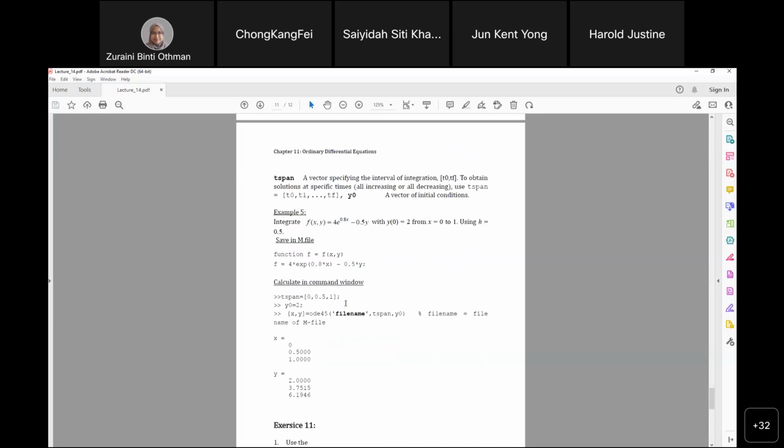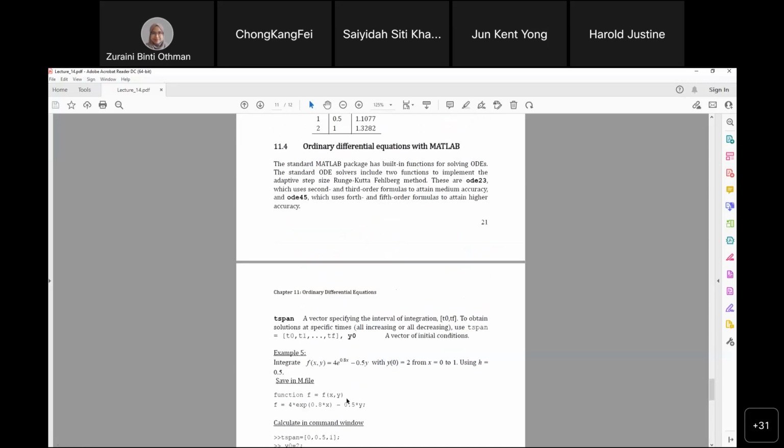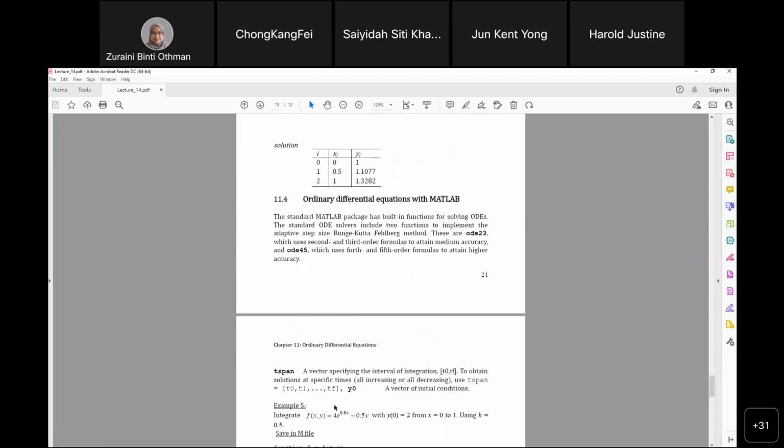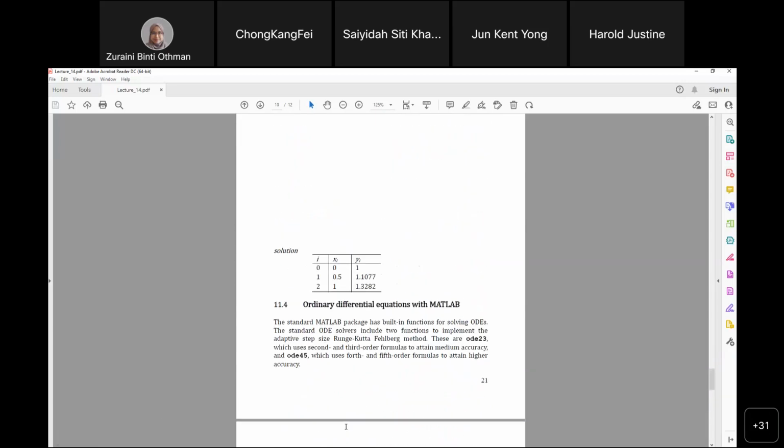Okay, then kat sini kalau kita guna MATLAB, kita boleh dapat value of Y tu. Dan selalunya kalau kita ada soalan macam ni, you know already which method you want to use and you already get the fundamental, you can simply use the MATLAB to get the Y0, Y1 and Y2 that we want to find. Okay. Maksudnya teknologi tu membantu kita. Actually it is like a calculator for you to solve for numerical method.